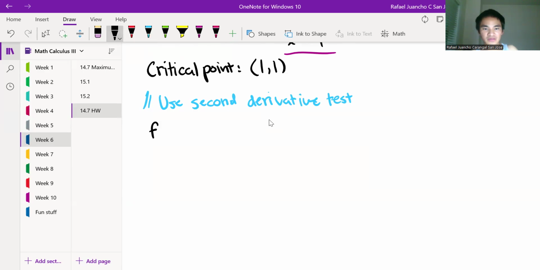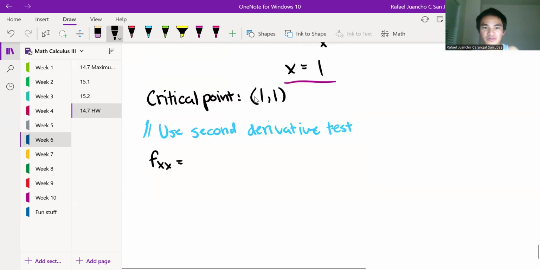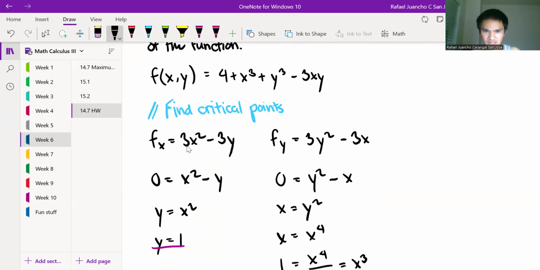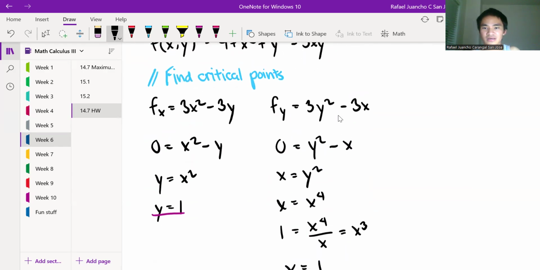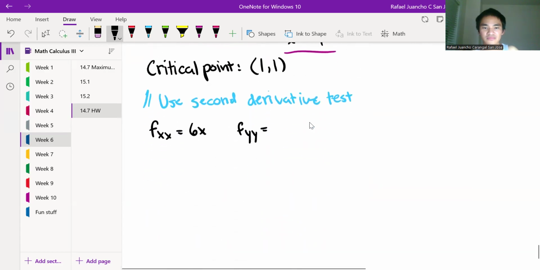So f_xx, I look at my f sub x, I get 6x, that's it. f_yy, I look at this, I get 6y. Simple, right? And then I look at my critical point.